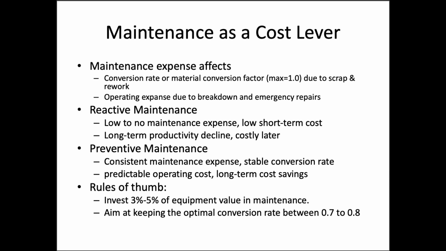Managers must decide how much to spend on maintenance, neither over nor under. A consistent level of preventive maintenance now is advisable to avoid costly corrective maintenance later. The rules of thumb that may help you are: most firms invest 3% to 5% of equipment value in maintenance.